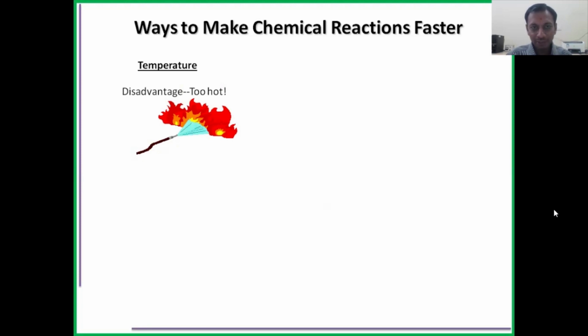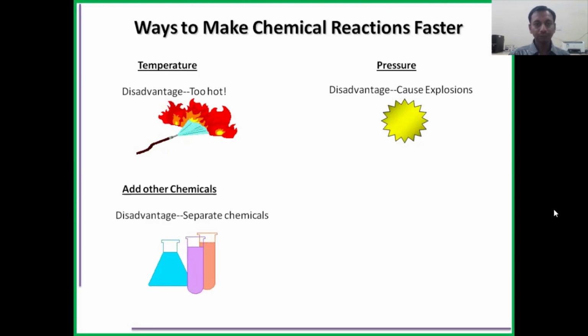But the disadvantage is we require higher temperature and it is too hot. Another factor is pressure. By applying pressure also, we can get the rate of reaction higher. But explosions can happen, and we heard also in the past many accidents happen due to explosions. So we have to take care also.